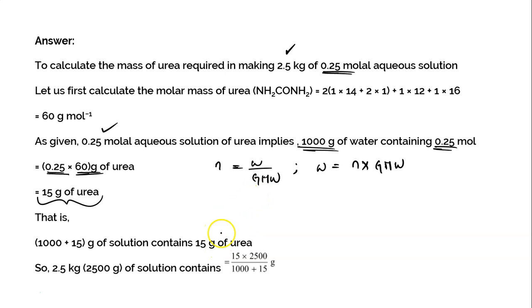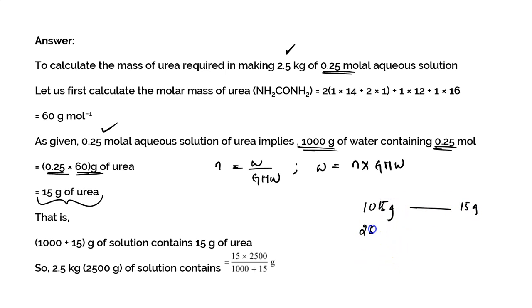So now your entire solution is 2.5 kg. Let us calculate for that solution, which is 2.5 kg. If you have a solution of 2.5 kg, then it will consist of 15 into 2.5 kg, which is converted into grams, 2500 grams, divided by 1015 grams of this particular solution. If you are confused how we got this expression, it's very simple. I have a solution whose mass in total is 1015 grams, and this consists of 15 grams of urea.